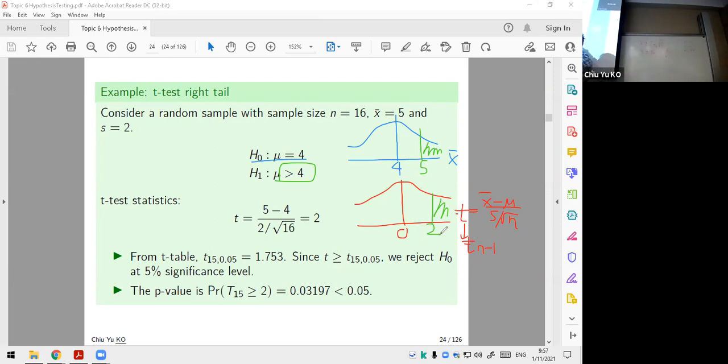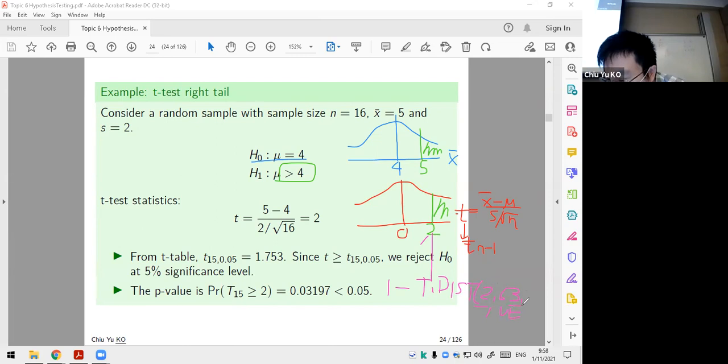If you still recall the way we did it in the previous class, the left-hand side is just T dist, so the right-hand side will be 1 minus T dist. So we have to go to right here. T dist, 2, and then n minus 1, and then true.